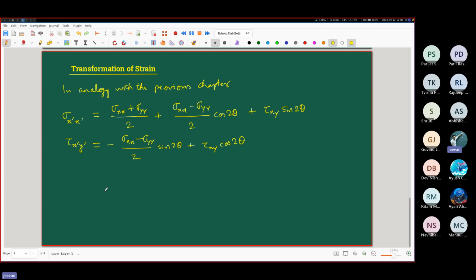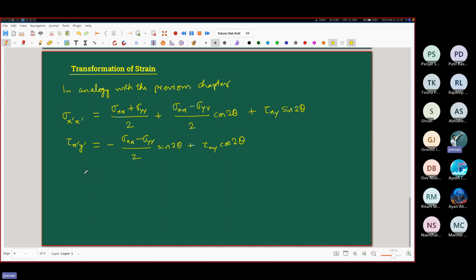For the transformation of strain, all that you have to do is replace this sigma by the epsilon. So it becomes epsilon x dash is equal to (epsilon xx plus epsilon yy) by 2 and so on and so forth. Similarly, epsilon x dash y dash is equal to minus of (epsilon xx minus epsilon yy) by 2 and so on. That's it. The moment you know those things, you can immediately start solving the first 3 problems, at least, from tutorial sheet number 5.